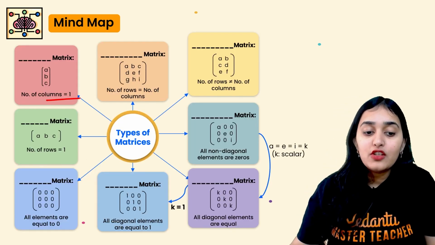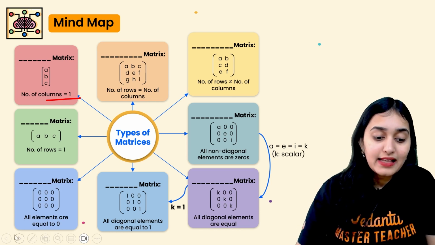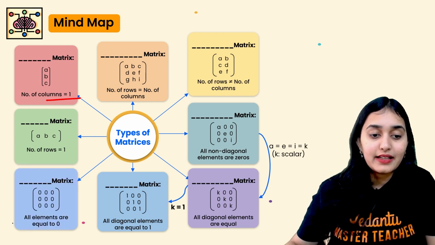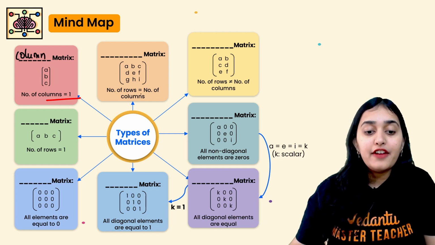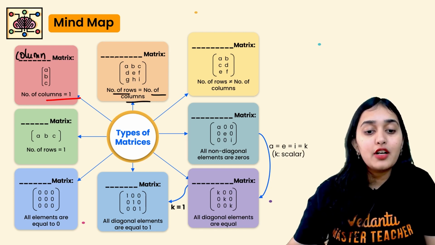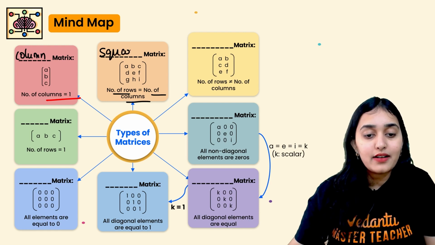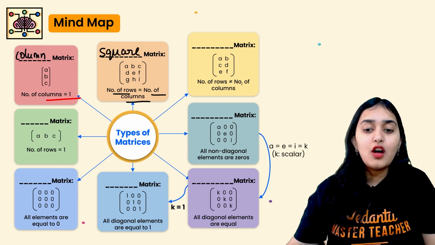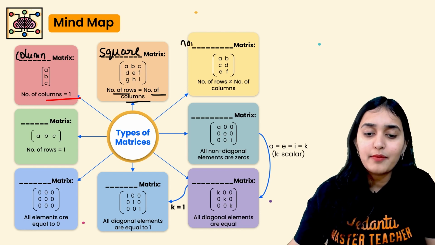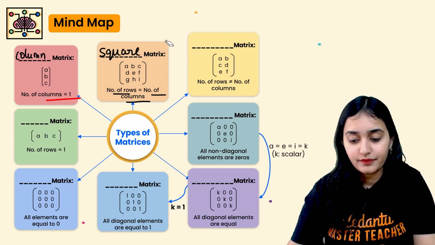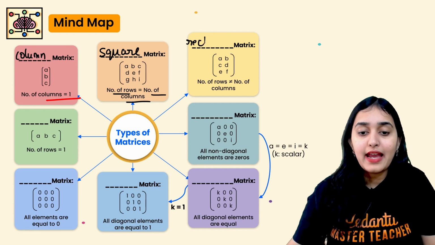Next, if there is only one column, it is called a column matrix. If number of rows is equal to number of columns, square matrix. Number of rows not equal to number of columns, then non-square matrix, or you can call it a rectangle matrix.